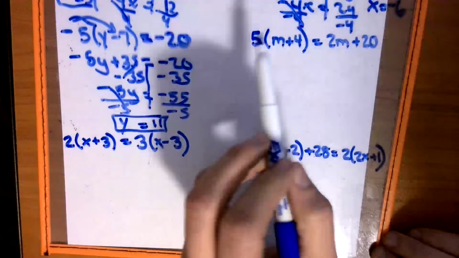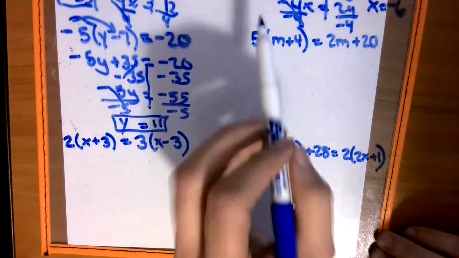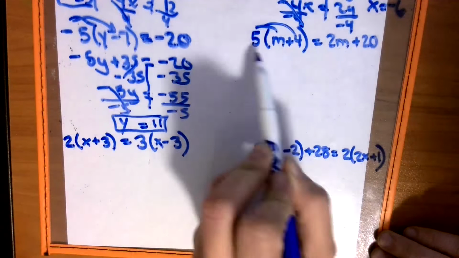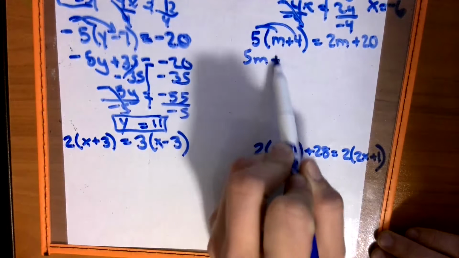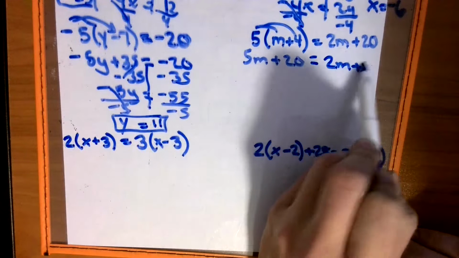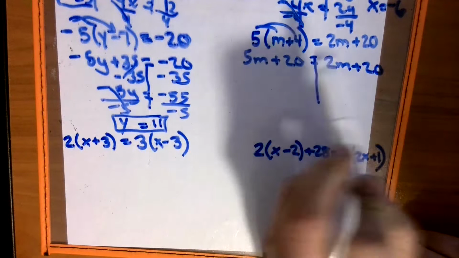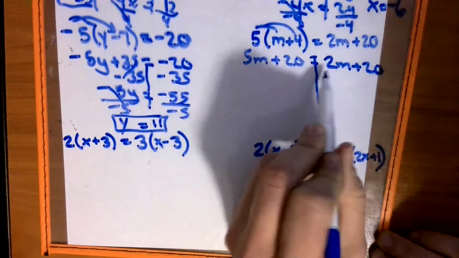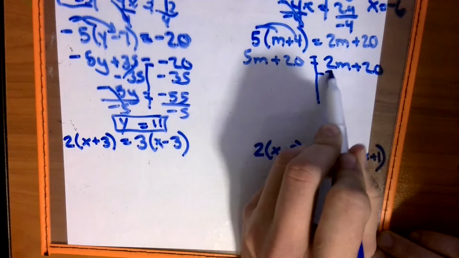Moving over here, two-sided. So we have distribute. So 5m plus 20 equals 2m plus 20. And if you watched my lesson on this from the other day, we're going to bring this 2m over and subtract it.